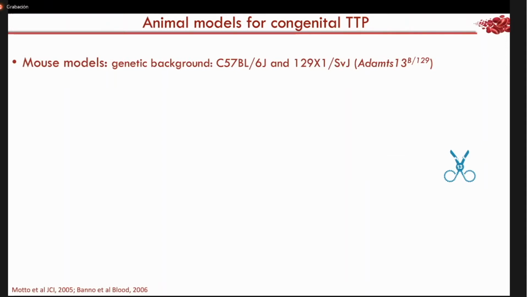So the first mouse model made by the group of Dave Ginsburg was made on a genetic background. The numbers might sound complicated, but it means it was on a black 6 background and a 129 SV background. The black 6 mice are mice with genetic backgrounds that are often used in research. So they were a logical choice.